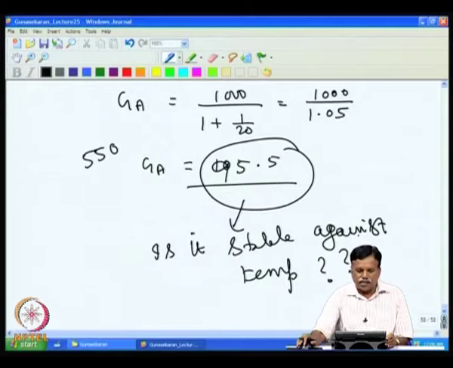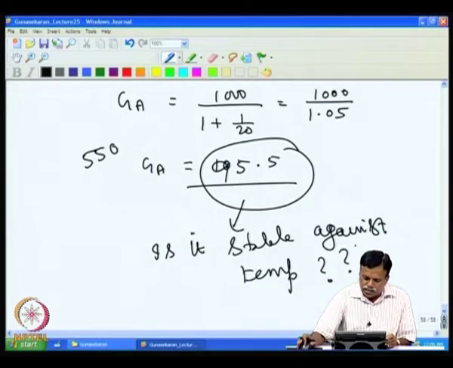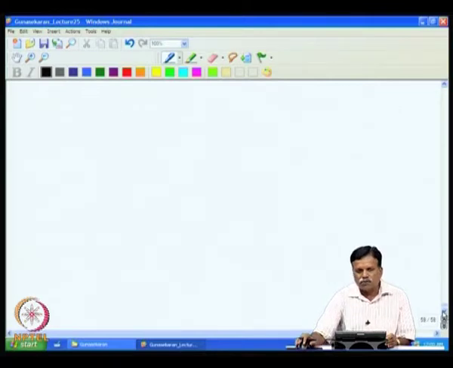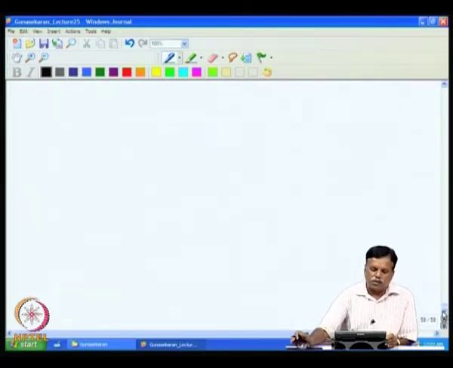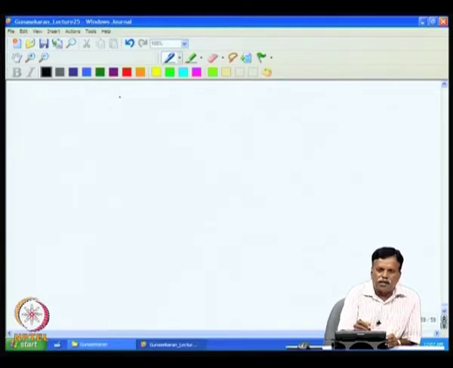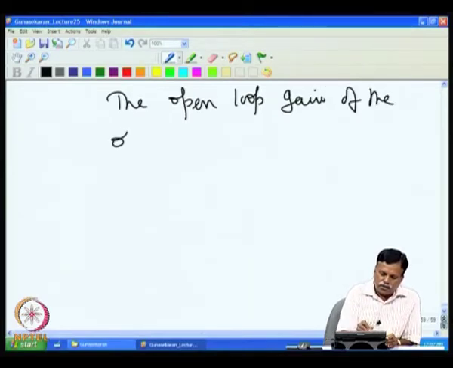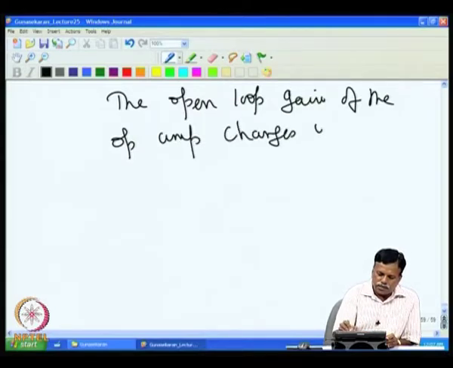Actually, this is not stable. When the gain changes, this also changes. For example, assume the op-amp open loop gain changes with temperature, because in all cases the open loop gain of the op-amp changes with temperature.